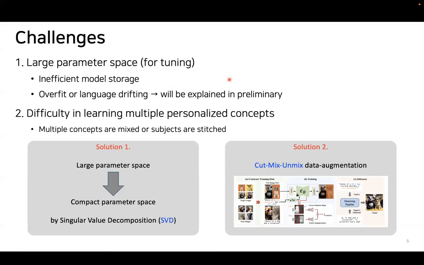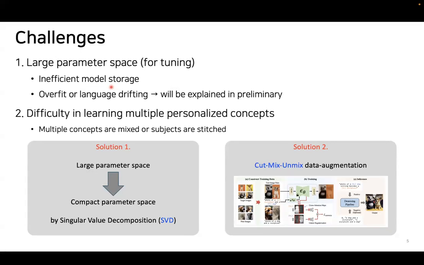In this case, this takes inefficiently large model storage, and the other side effect is that when overfitting to the few images with a large parameter space, it shows the language drift phenomenon. So this problem is not so good, and they want to tackle this challenge. I will explain this in the preliminary.